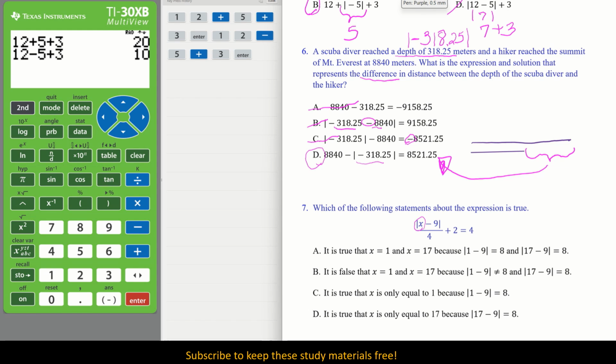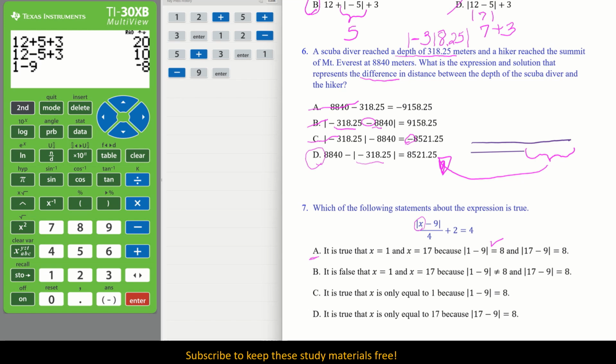A says it is true that x equals 1 and x equals 17 because the absolute value of 1 minus 9 is 8 and 17 minus 9 is 8. I kind of believe that, but how do we find out? Well, we put it in the calculator. Well, 1 minus 9 equals negative 8, but the absolute value is 8.